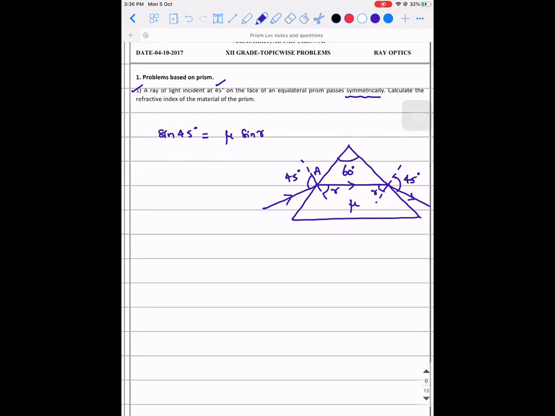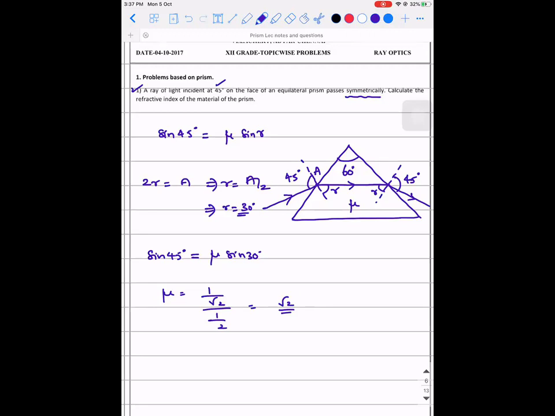Yes, because 2R will be equal to A, which implies R is equal to A by 2. A is 60, so R will be 30 degrees. So sine 45 degrees is equal to mu times sine 30 degrees. So mu is equal to 1 by root 2 divided by half. That will be root 2. So answer is 1.414 approximately. I hope it is clear.